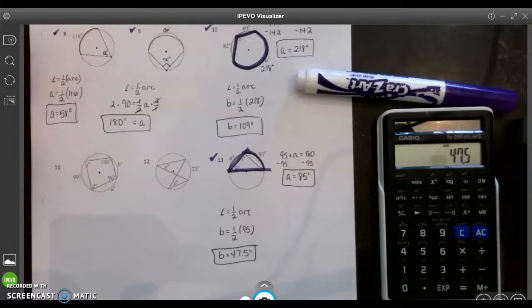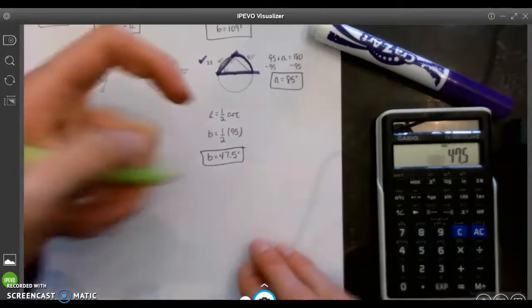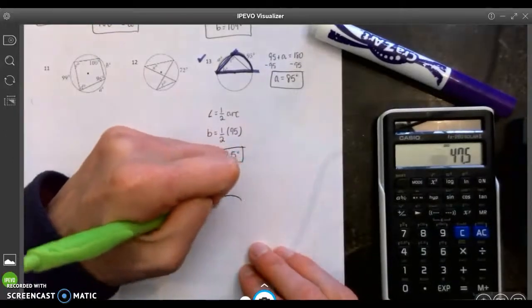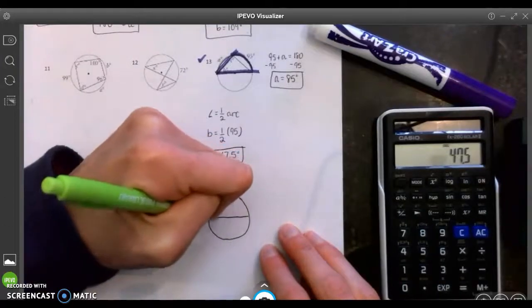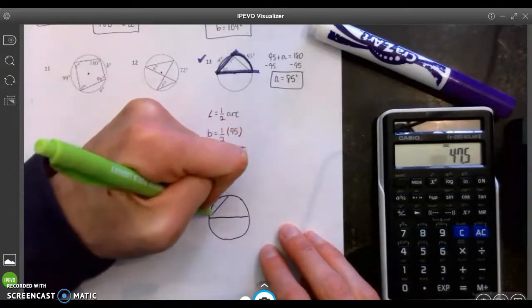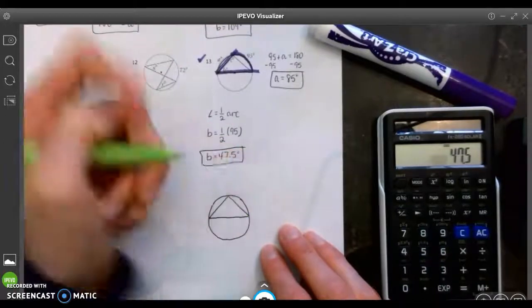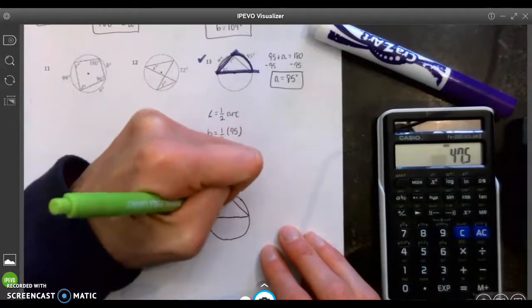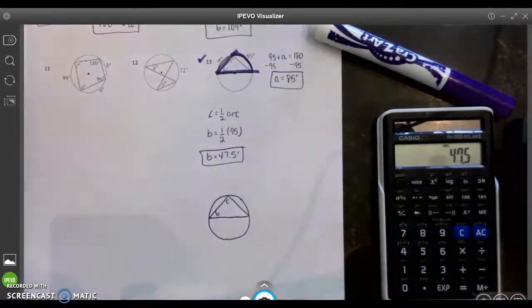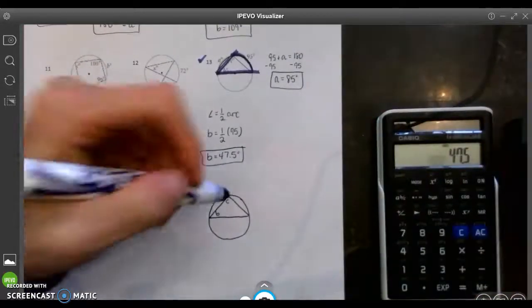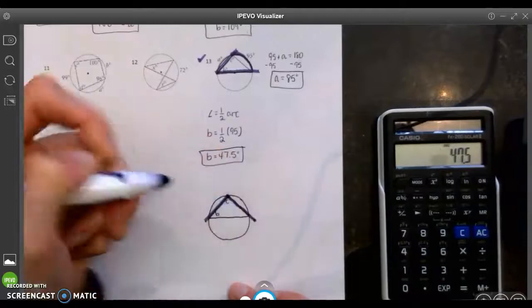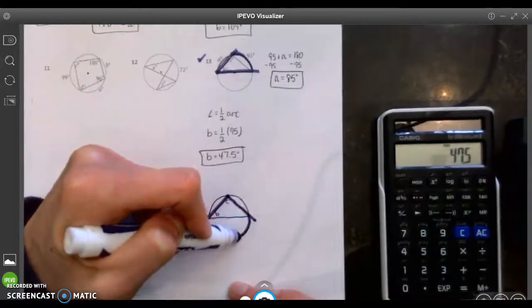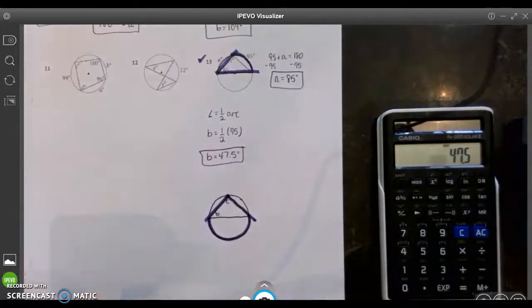So to find C, since we're not on the smartboard and I can't erase, I'm actually going to draw this picture again. There's my diameter. There's B, there's C. What I know about C is its chords come this way, and this is a semicircle.